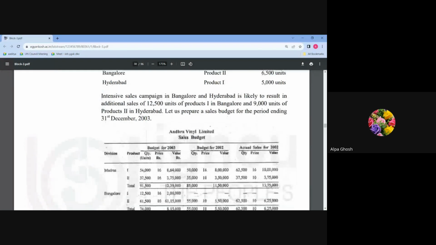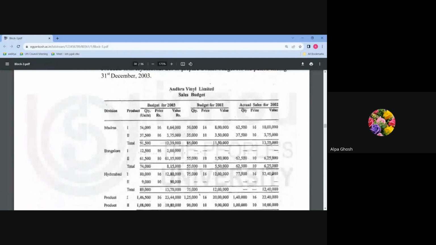Now, this is the format of your budget. You just have to put it in the same format.